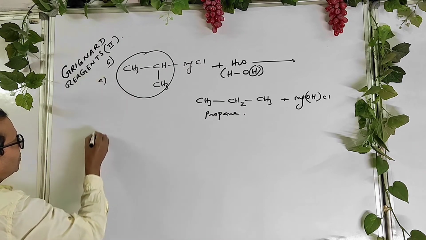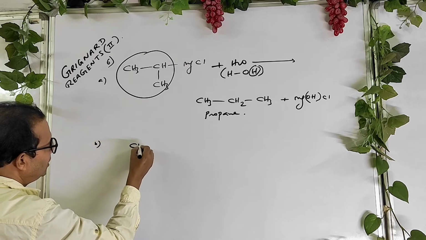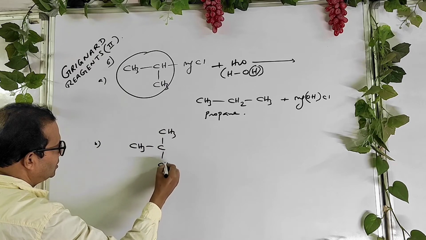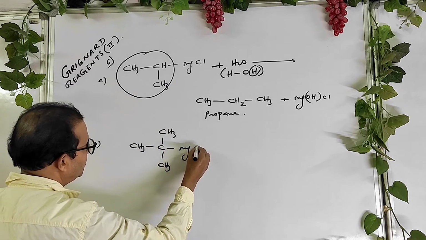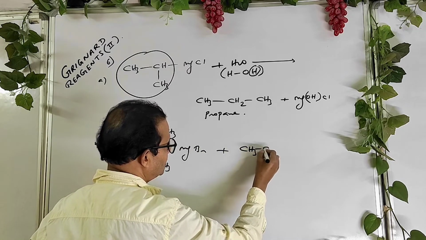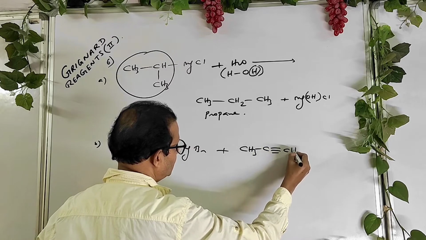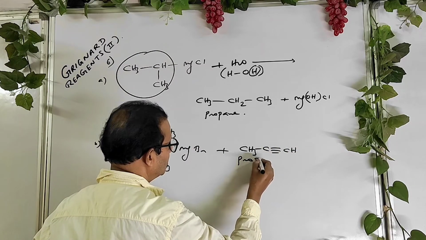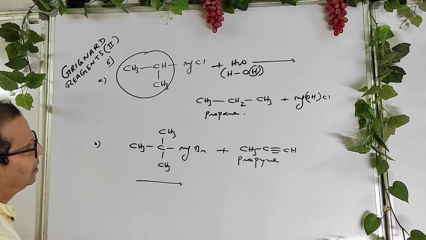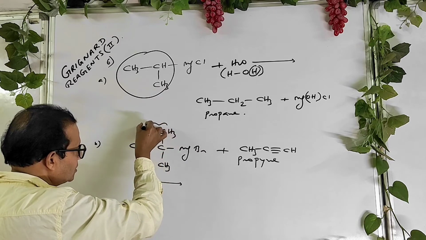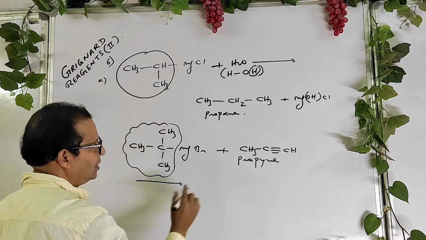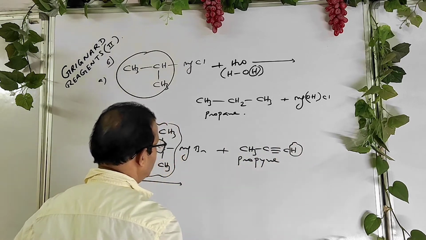Now do another: CH3, C, CH3, CH3, MgBr plus CH3 C triple bond CH, which is called propyne. How do you write it? Just take up this part, the alkyl or aryl part, and attach it with hydrogen.